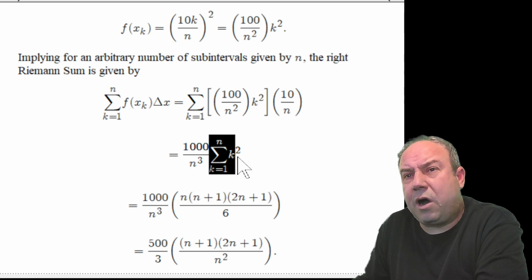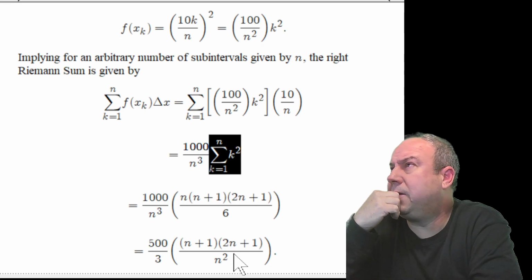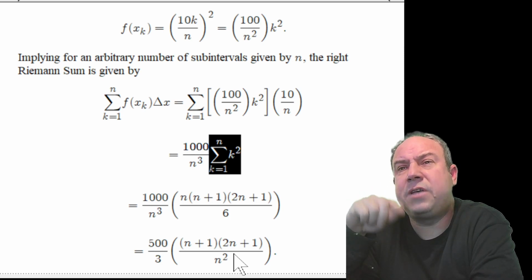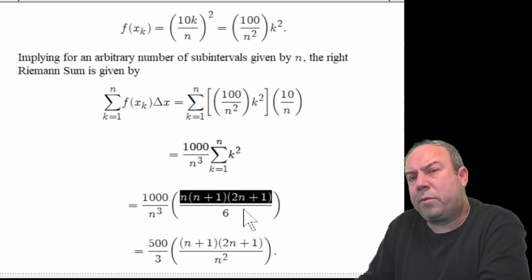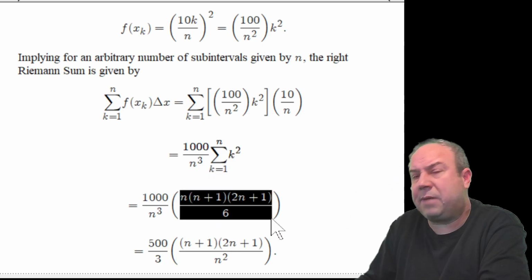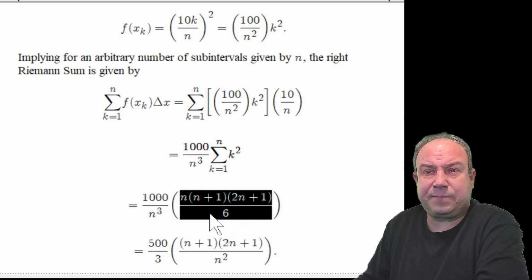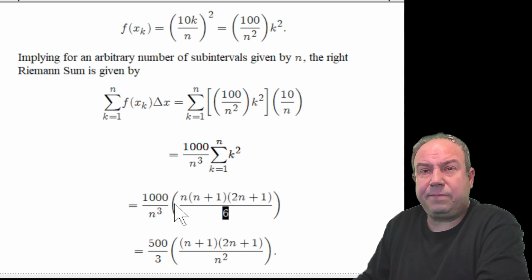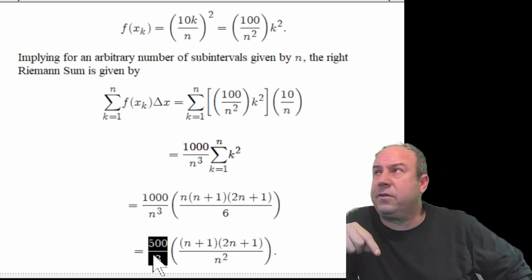If we recall our shortcut, the little helpful formulation for summing our k squared values from 1 through n did have the formulation n times n plus 1 times 2n plus 1 all divided by 6. Where with a little simplifying, the 6 and 1000 both have a factor of 2, and that'll simplify to 500 thirds.